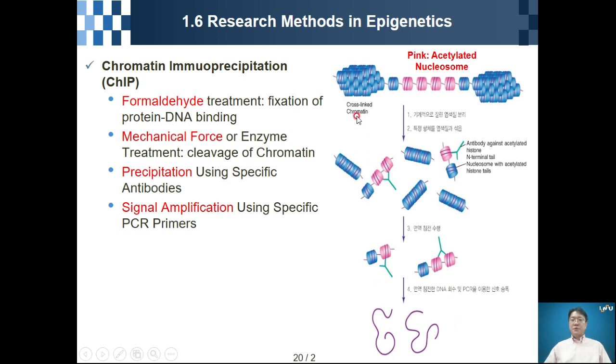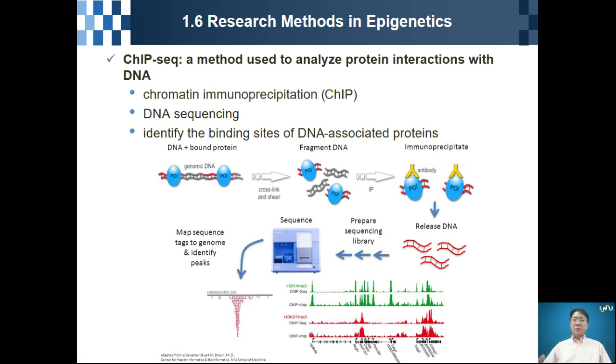If some gene is located in the heterochromatin region, after we use that gene primer, we cannot amplify the signal. So this is chromatin immunoprecipitation. Nowadays people also combine sequencing technology with ChIP.